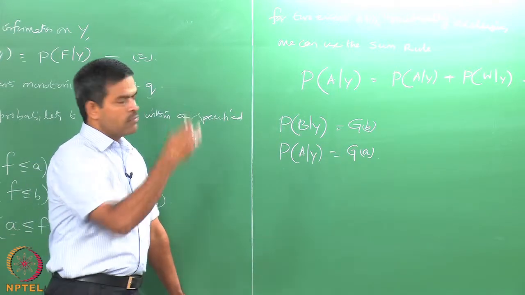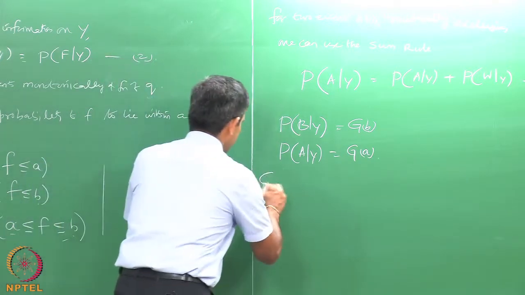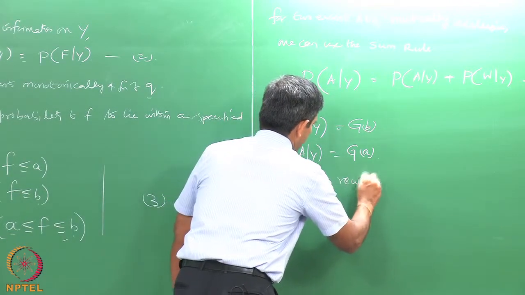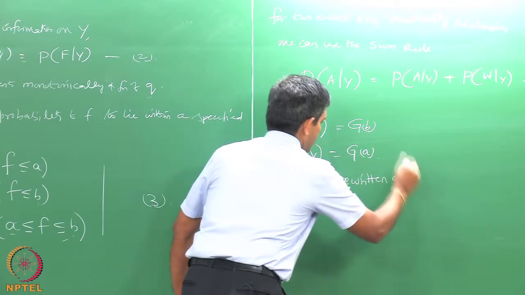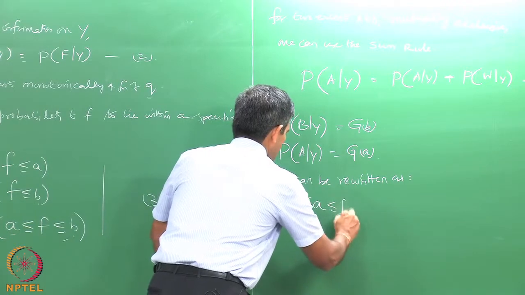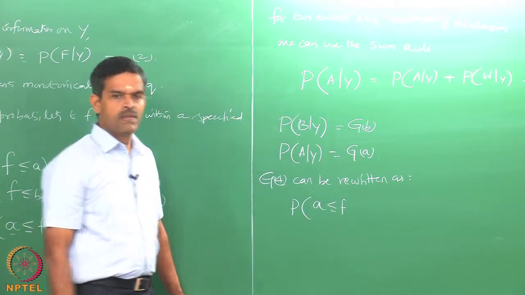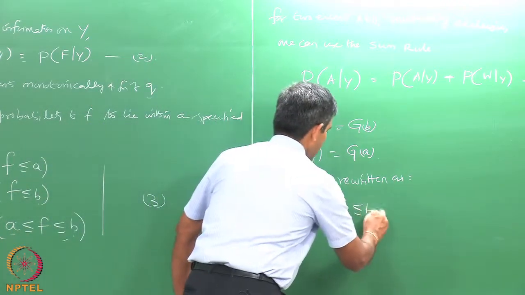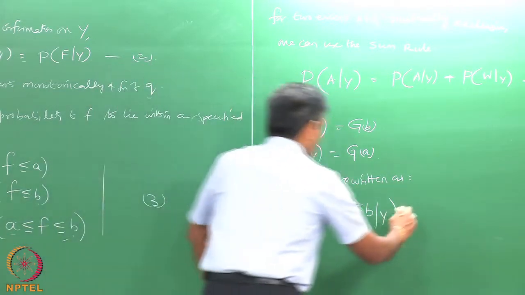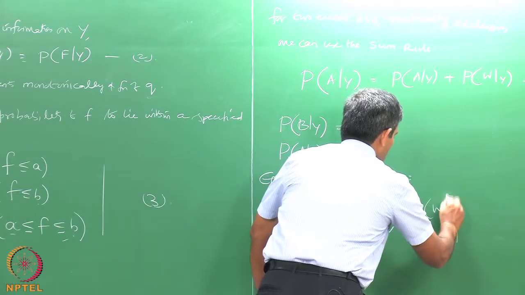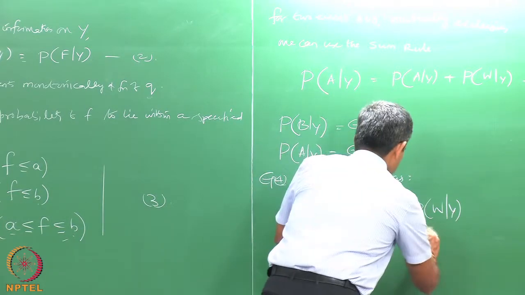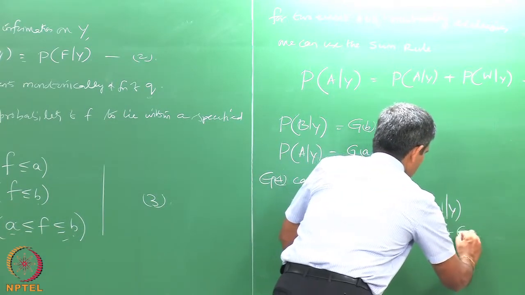Then equation 4 can be rewritten as probability of a less than f less than b given y is nothing but probability of w given y, which is as good as G of b minus G of a.